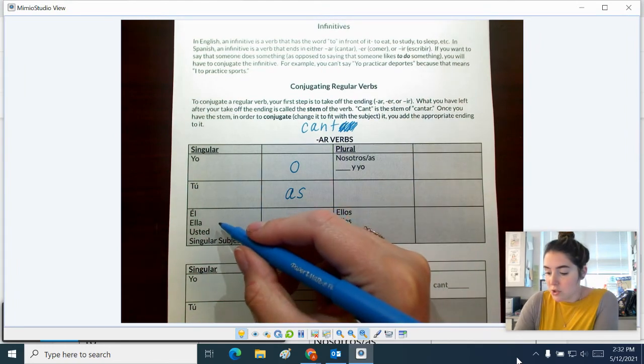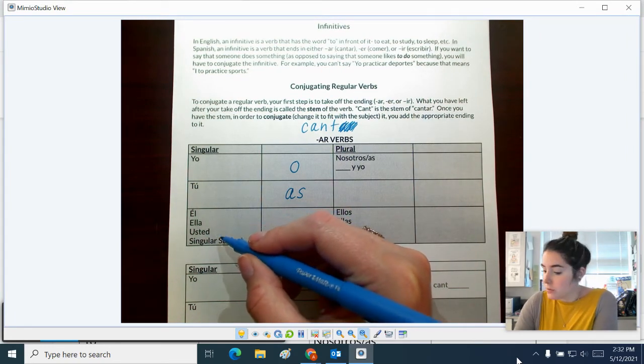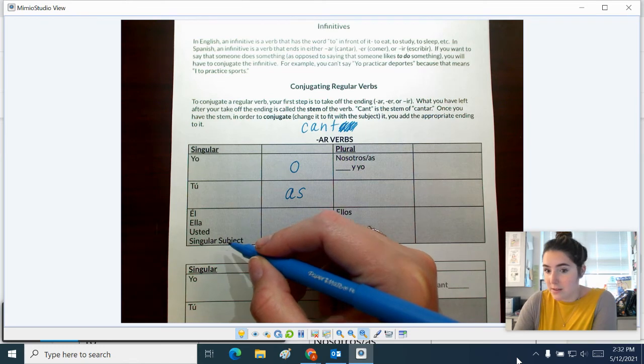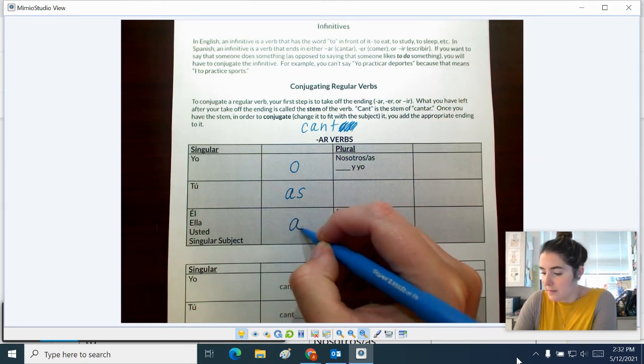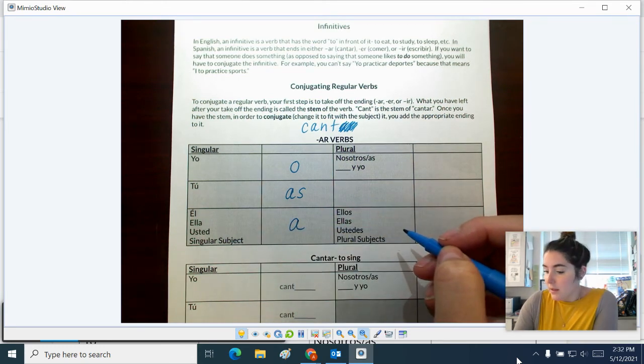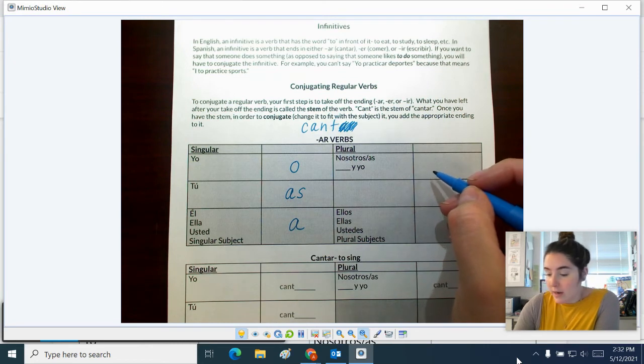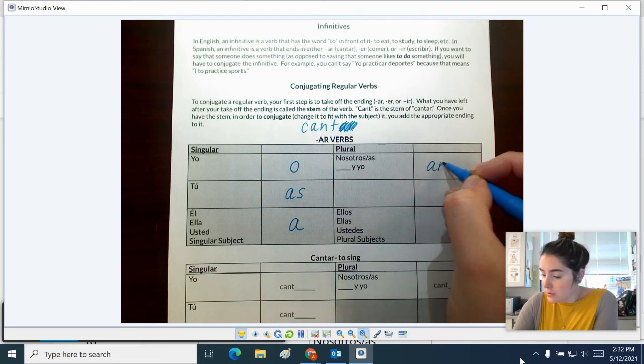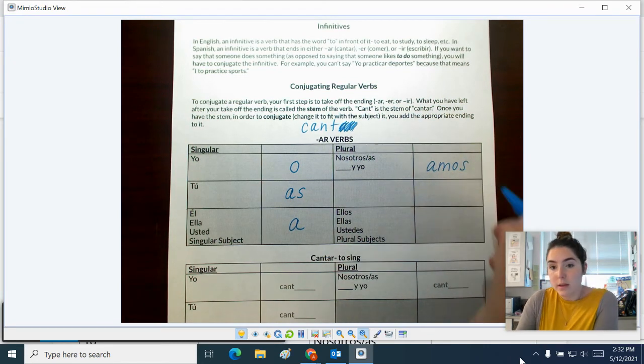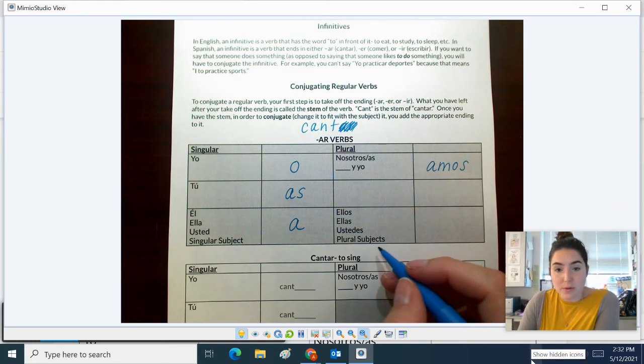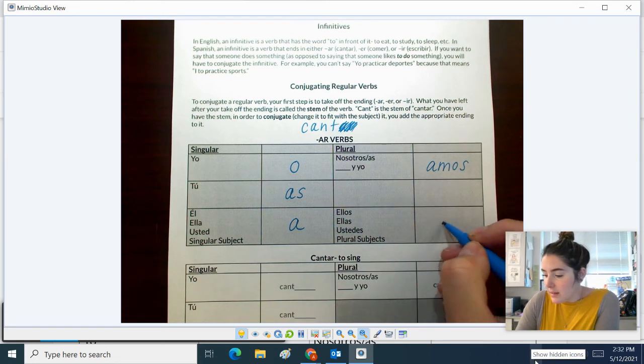If he, she, you formal, or any other it does that action, it's a. If we do that action, it is amos. And if they or y'all or any other plural subjects like the dogs do this action, it is an.